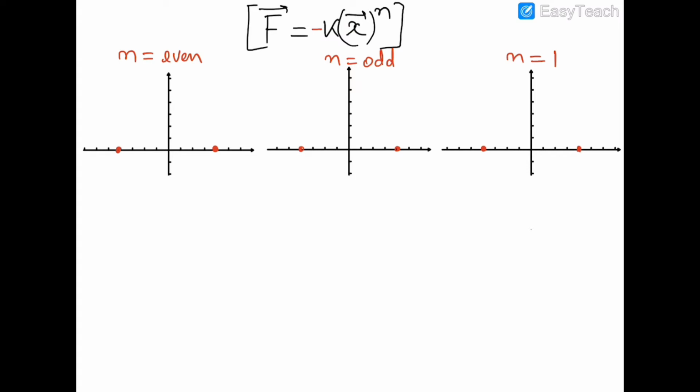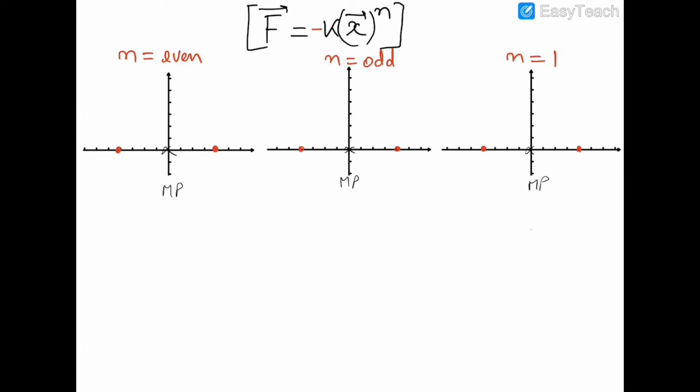So we can see that in this case, at x is equal to 0, the force acting on the particle is 0. Therefore, in this case, the mean position is x is equal to 0. So this is the mean position in all these three cases.